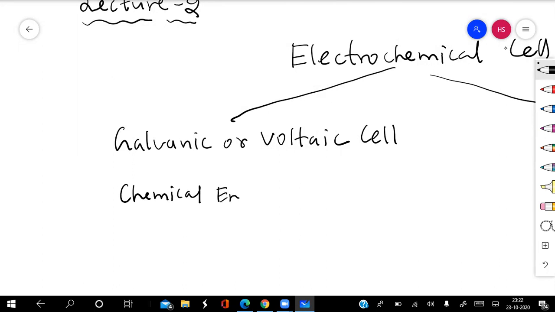So in these types of cell, we get electricity because our end product is electrical energy. All our electronic gadgets run on these galvanic or voltaic cells because they provide us with electricity.